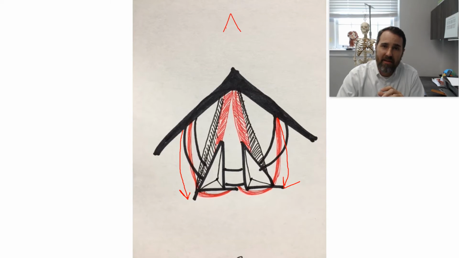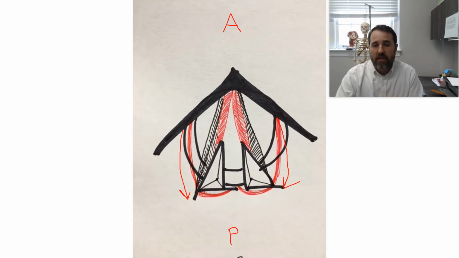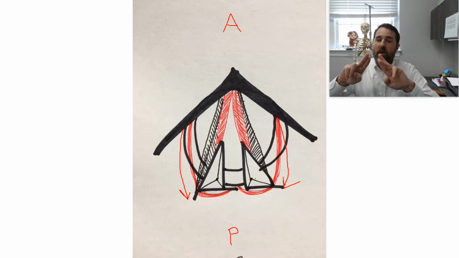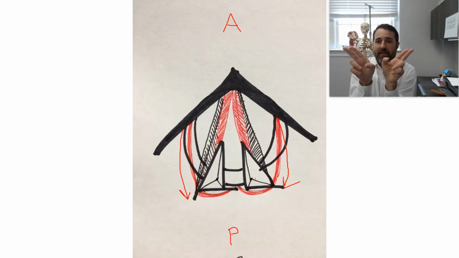So keep in mind that this is anterior, this is posterior. So whereas the posterior cricoarytenoid muscles, when they contract, are going to pull the arytenoids like this, which is going to swing the tips of the arytenoids apart.